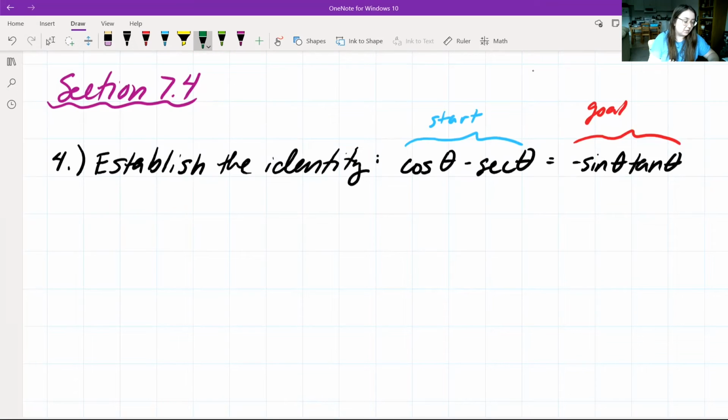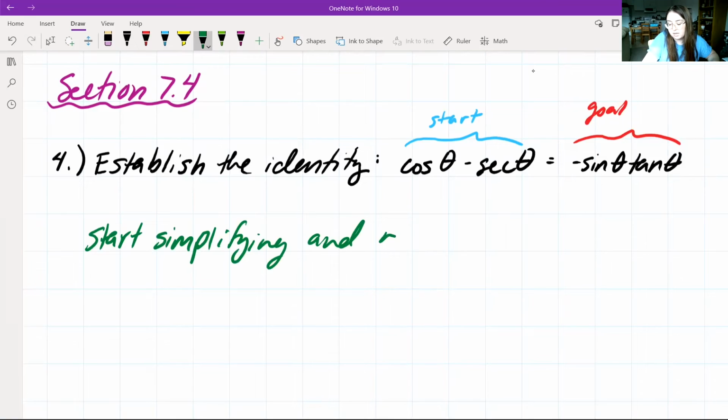Our first thing that we want to do is start simplifying and rewriting terms.